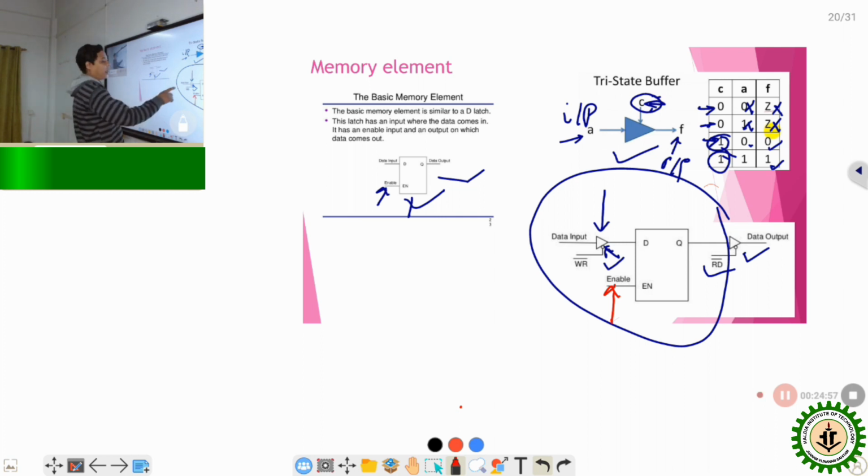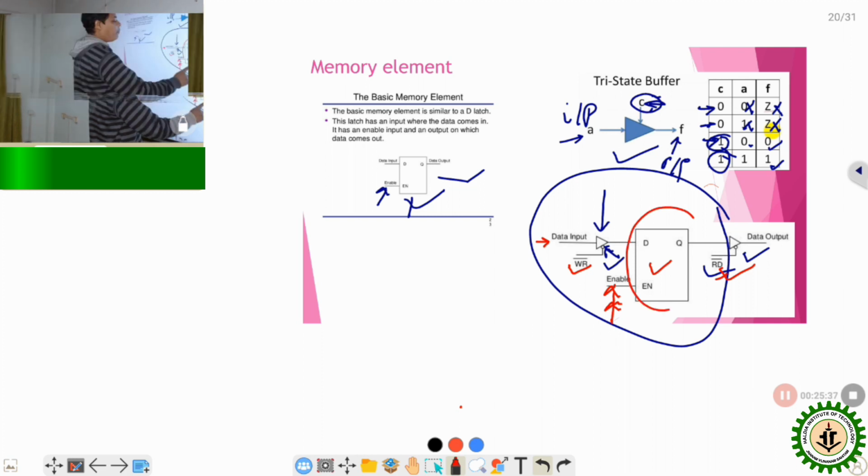Then if we apply the input at the input terminal and enable the write control signal, the data will be latched into the system. If we want to read or access the latched information, then as before, the enable signal must be on, as well as the read signal to be activated, to get the output which is stored inside the D flip-flop.